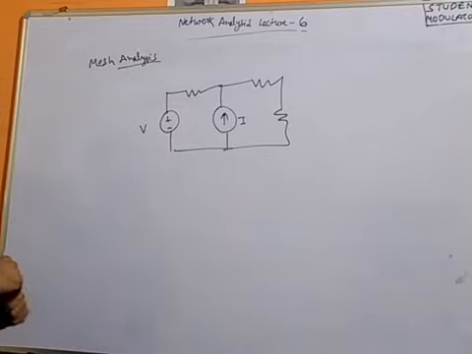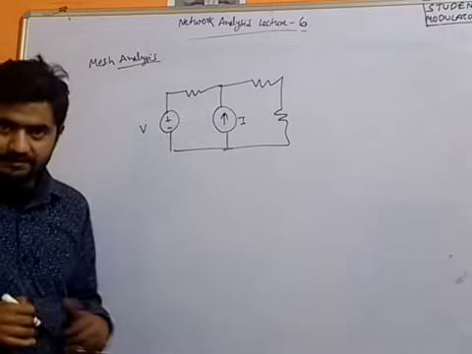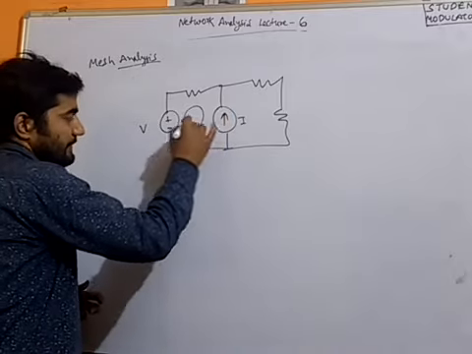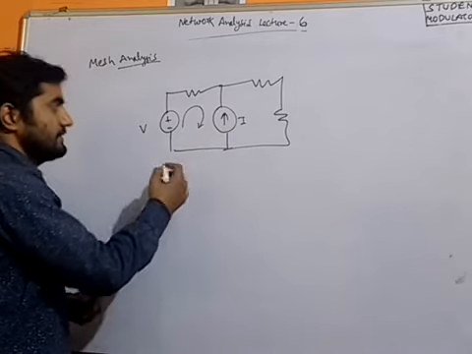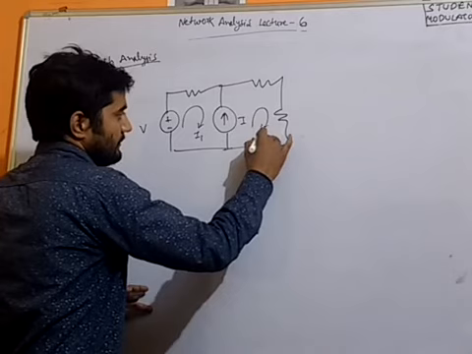If we try to apply mesh analysis to this network, we have two meshes, and we put I1 here and I2 here.